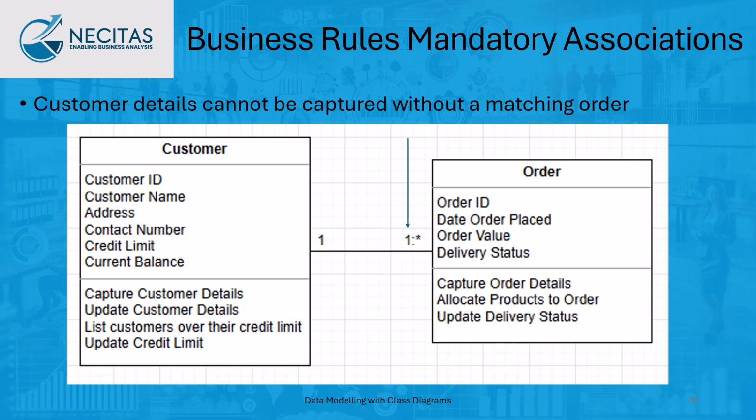Let's examine the business rules in this example. Firstly, let's take the 1 asterisk against the order class. This specifies that each customer must be associated with at least 1 order. Saying that in a slightly different way, there must be at least 1 order for each customer.